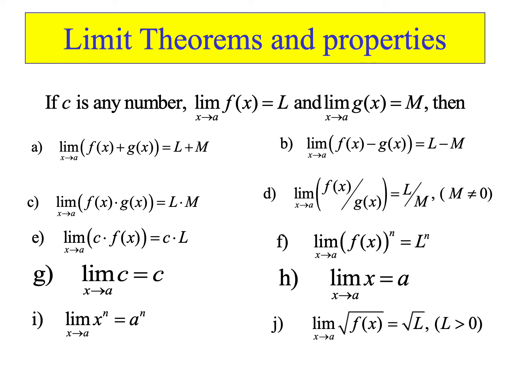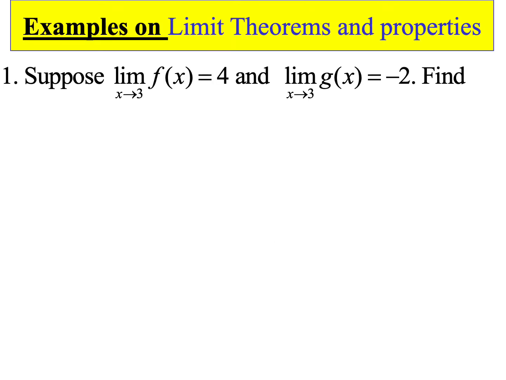Now let us take some examples. Let us take this example. If I have two functions and the limit of the function f of x exists, which is a very important condition, because if the limit does not exist, we cannot apply any theorem or any property.